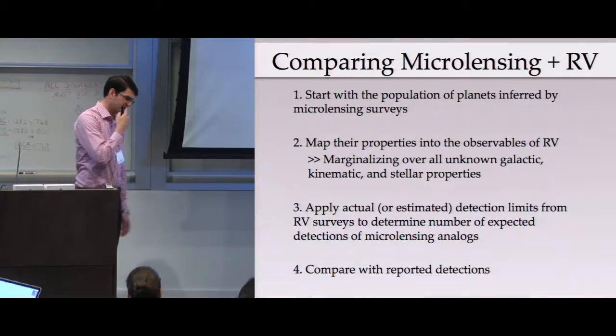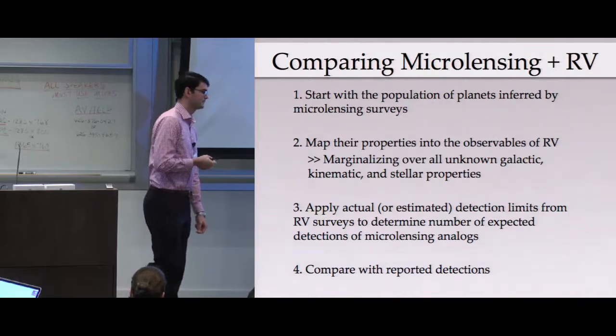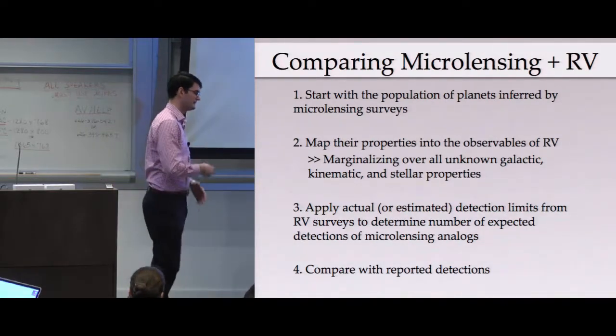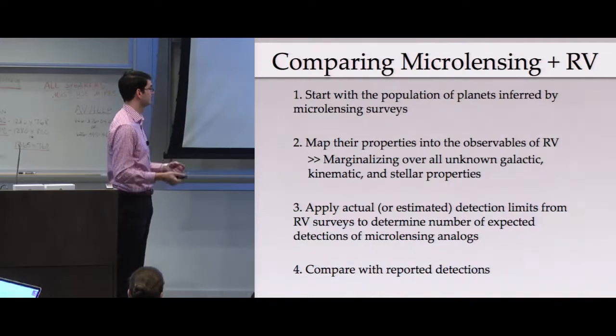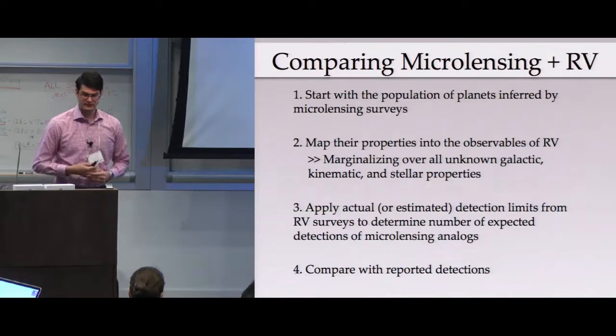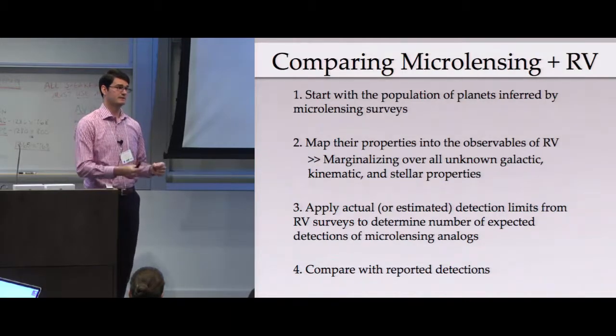So what's going on here? That's the question. So this led to a study that I did with Scott Gaudi back when I was a graduate student to compare these two different results. And so I'll just kind of go through the basic methodology here because I think there's a lot to be learned about it, as well as a lot to be learned about microlensing in general. So the idea that we had was to assume that the population of planets that microlensing finds is the very same one that radial velocity surveys are probing.